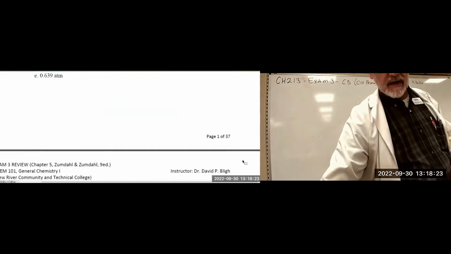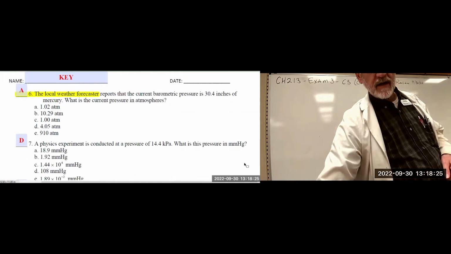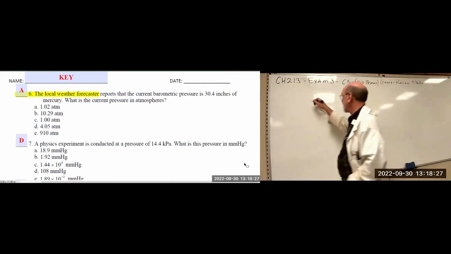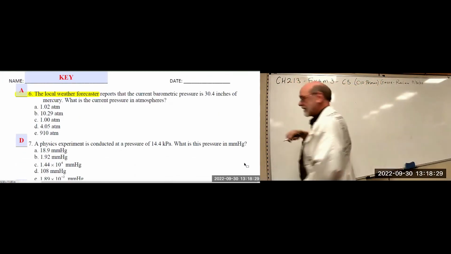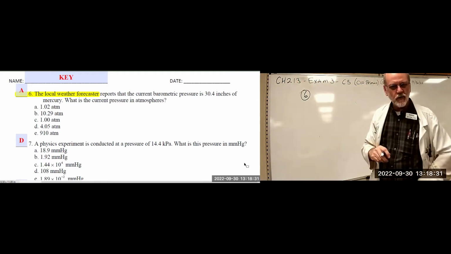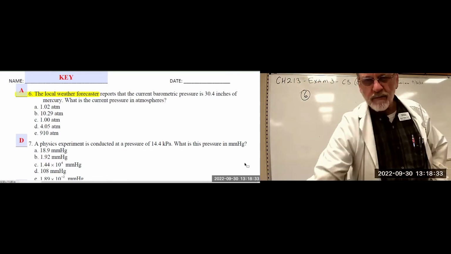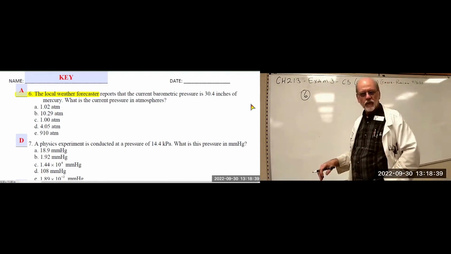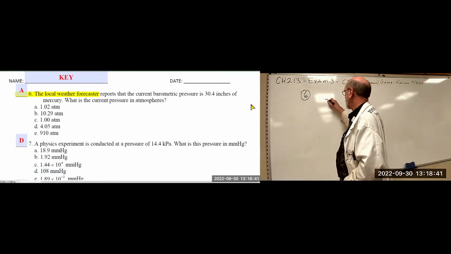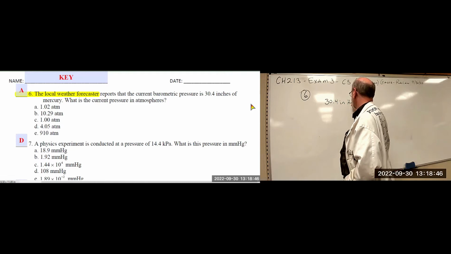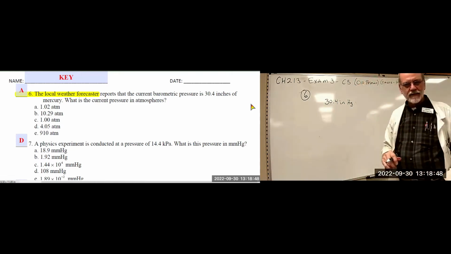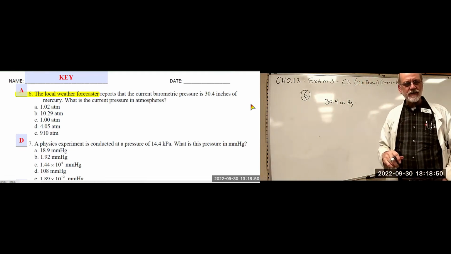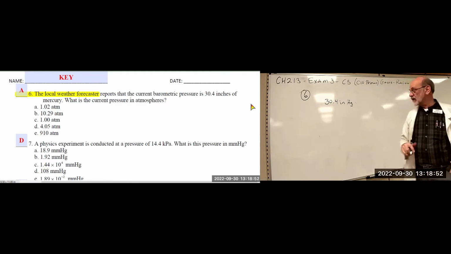All righty. The next one I got highlighted. 6. The local weather forecast reports that a current barometric pressure is 30.4 inches of mercury. What's the current pressure in atmospheres? Okay, we need a conversion factor.